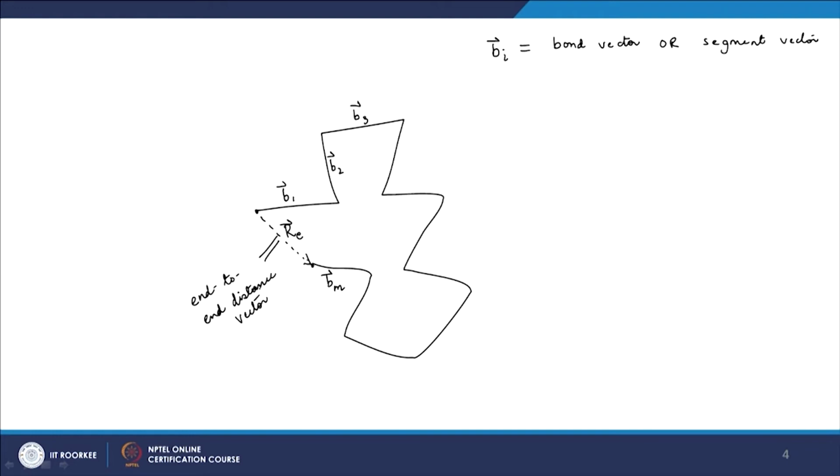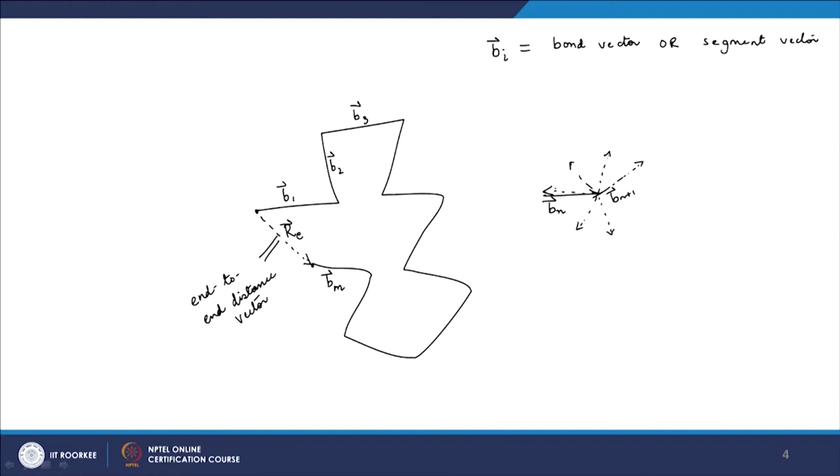Okay. So, what I really mean to say is, if I look at any particular bond vector here and the adjacent one, so let us say I look at some nth bond vector here, the next bond vector is free to be in any direction. It can be like this, it can be like that, like that. It can even be folding back onto the previous segment.